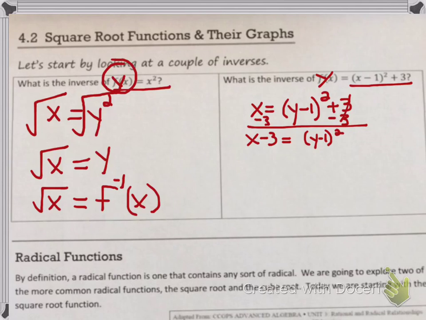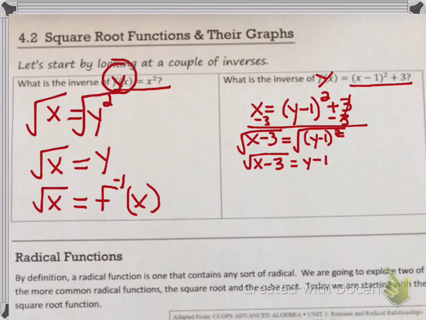Now in order to get those parentheses to disappear so that I can move the y and the number, I have to get rid of the squared term. In order to do that, I have to do its inverse, which is square rooting. When I square root this side, I rewrite the x minus 3 with the square root over top of it. And when I square root the other side, the squared and the square root cancel each other to just be y minus 1.